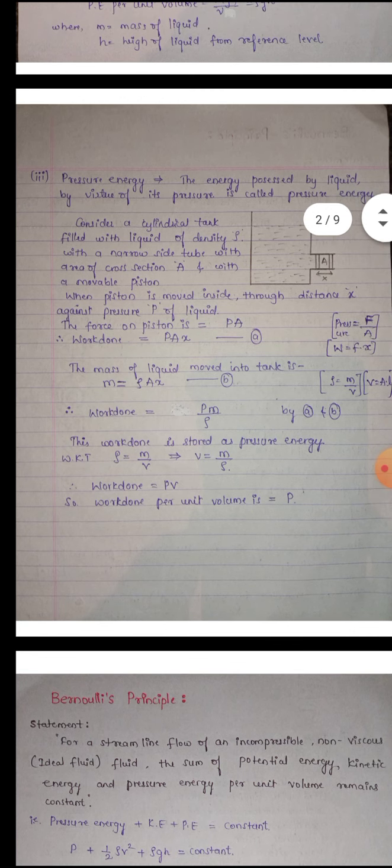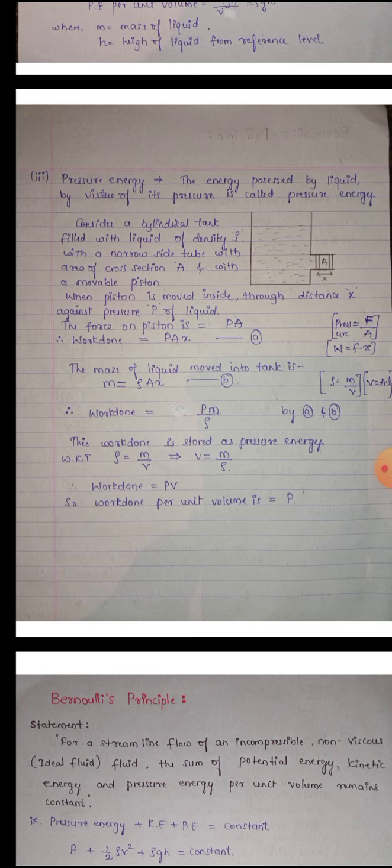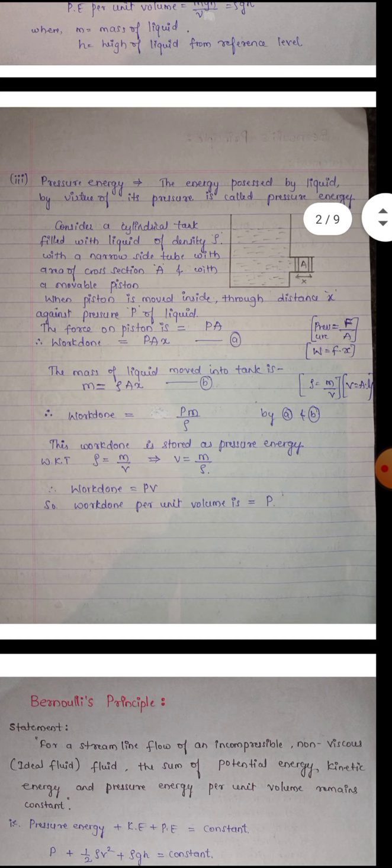When we apply certain pressure on that piston, the piston moves inside this tank. This is the earlier position of the piston, and this is the later position of the piston. So when we apply certain force on that piston, it moves a distance x.